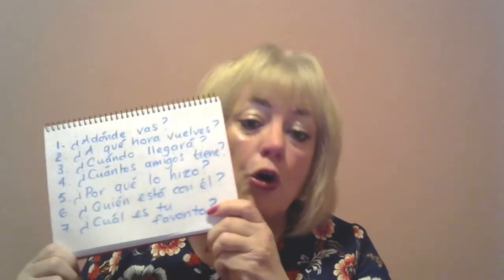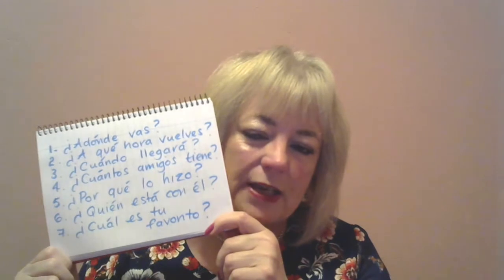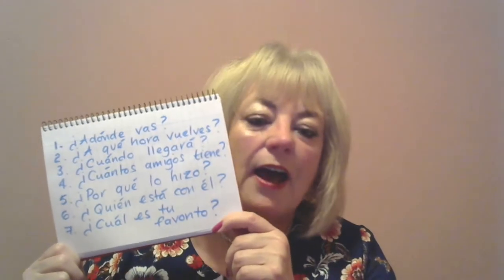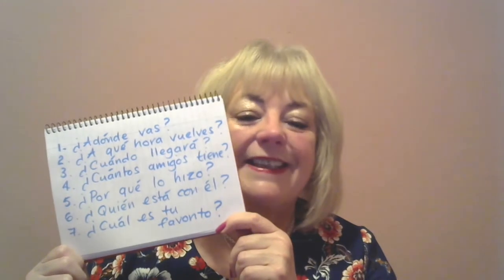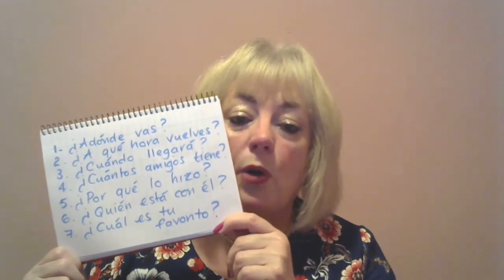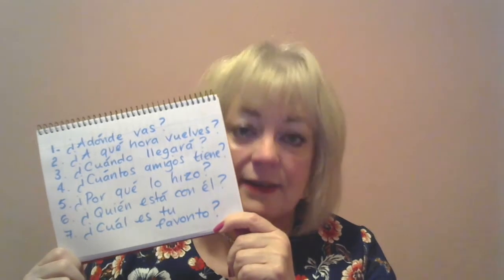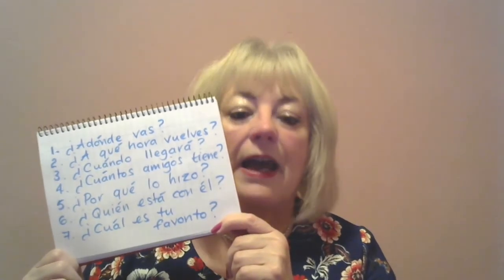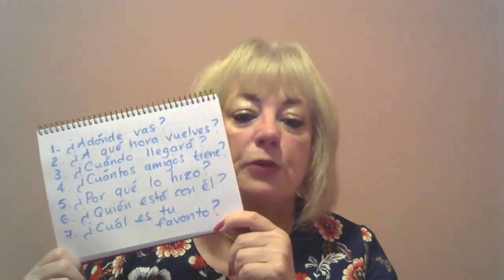But nearly always, I don't want to say 100% because there's always more exceptions, but generally you will need an a somewhere. And if it's in a question, the a is a preposition. So as I was saying earlier, a goes to the beginning. ¿A dónde vas?